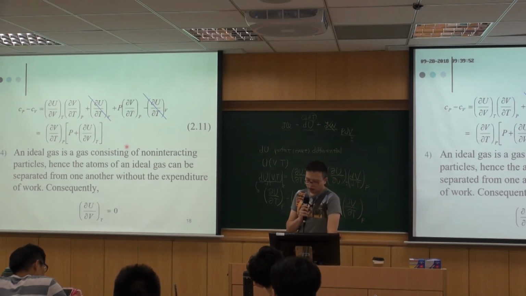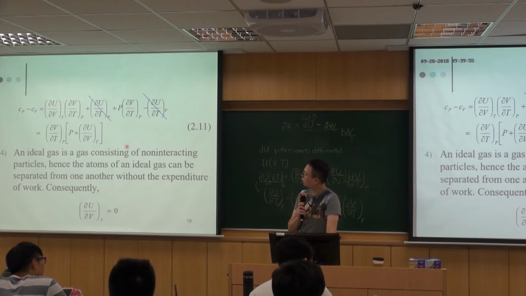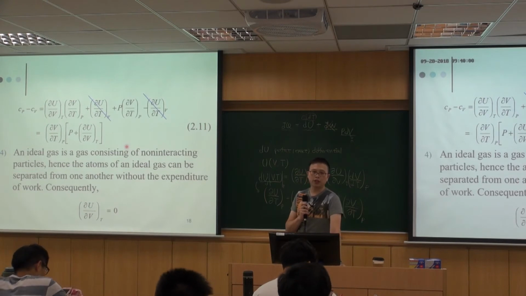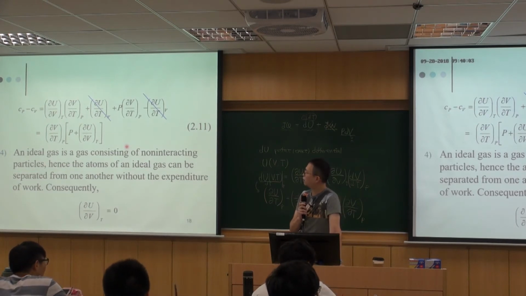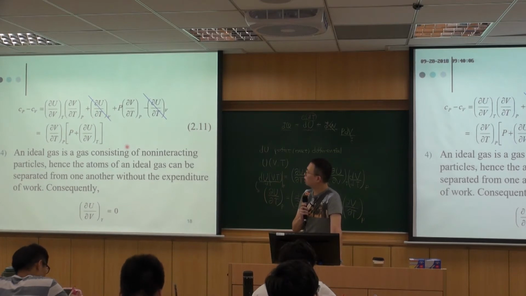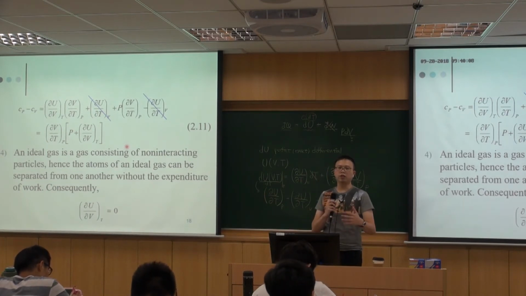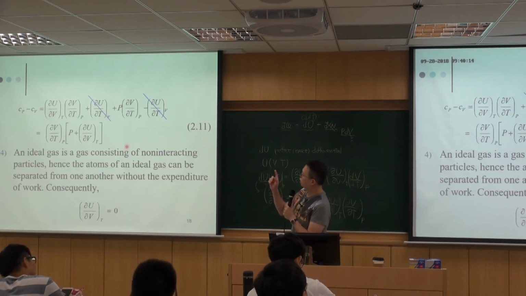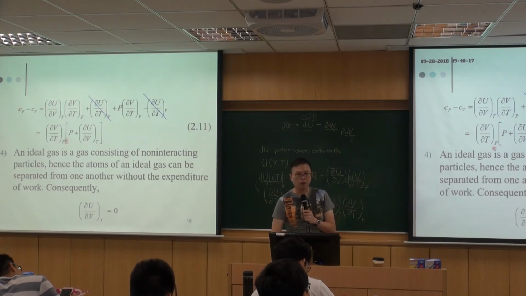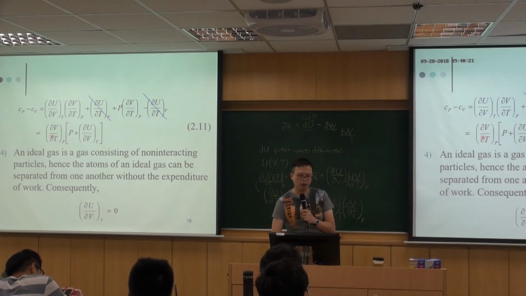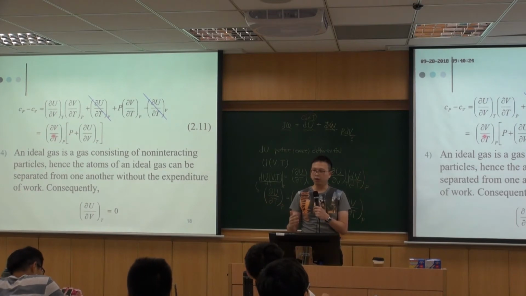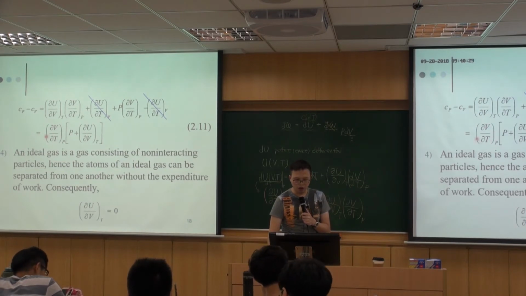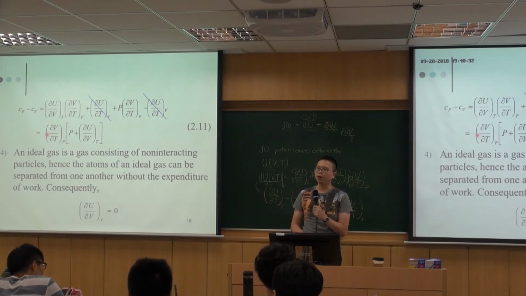And if you still remember from the very first class of this semester, we mentioned the thermal expansion of gas at constant pressure. Remember Charles' law, that we change the temperature and then we see the change of volume. And that's the origin of the first term, right? If we know the expansion coefficient of the gas we have, then we will know partial V, partial T. So this term, we know that it's not going to be 0, even for ideal gas.